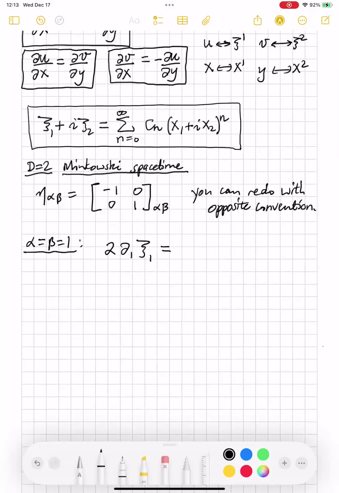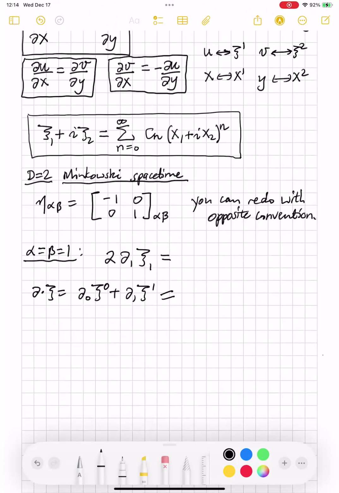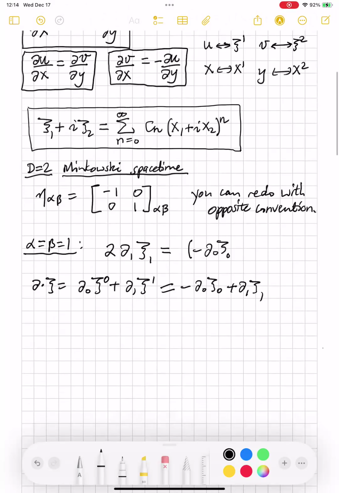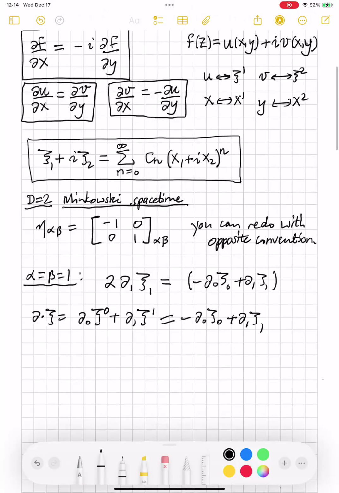As usual, this will be d naught zeta naught plus d1 zeta 1. And then if you use the metric to raise and lower indices, dropping the naught will cost us a minus with the metric above, and dropping the 1 doesn't cost us a minus. So that's the divergence: minus d naught zeta naught plus d1 zeta 1. And then we've got eta 1, 1, the eta alpha beta. But eta 1, 1 is just 1.